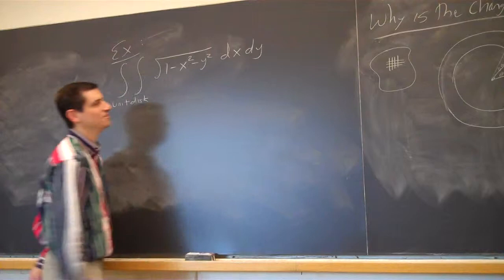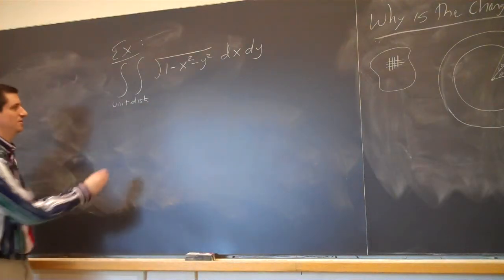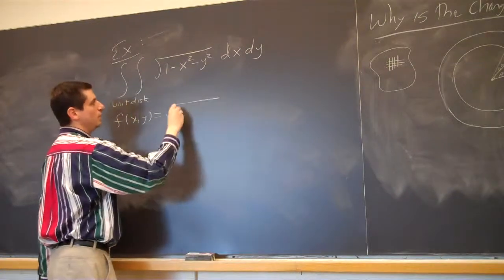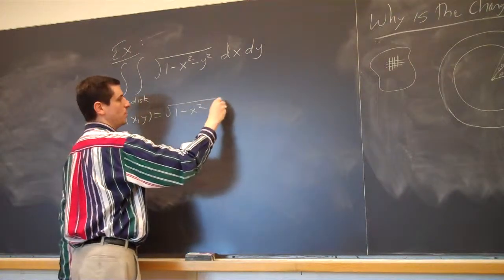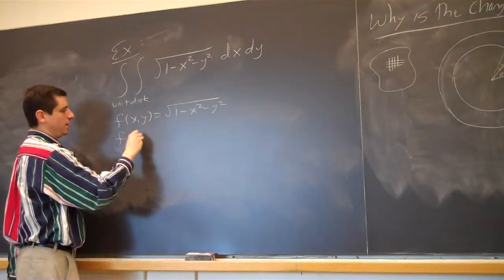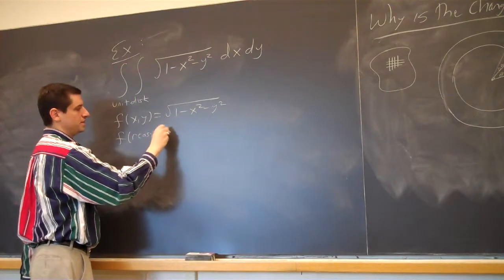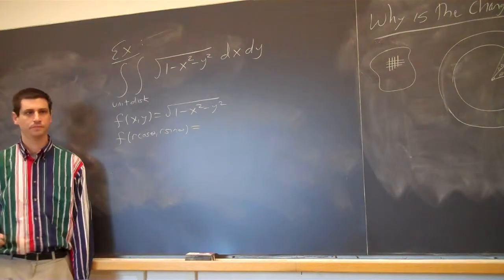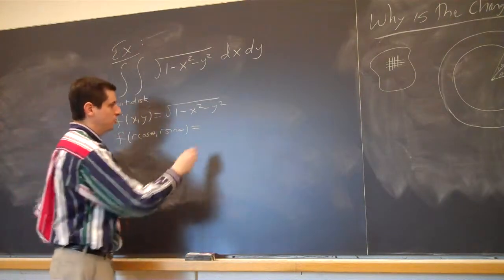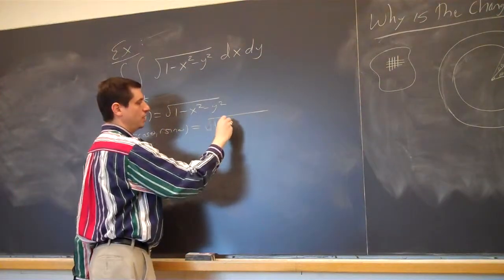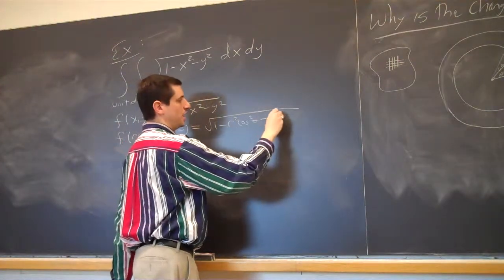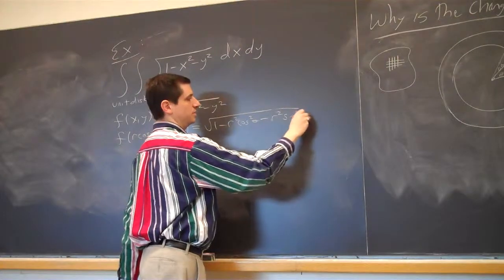What should we do? Convert to polar. So my function f of x, y is the square root of 1 minus x squared minus y squared. F of r cosine theta, r sine theta, what will that be? It'll just be the square root of 1 minus r squared cosine squared theta minus r squared sine squared theta.